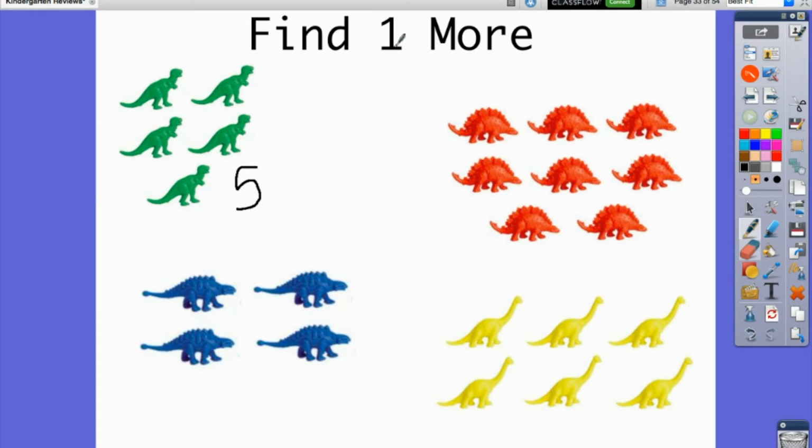Now, we're trying to find one more. It's a practice to help us put these in our mind. So what is one more than 5? If I had 5 and I counted on one more, what would I get to?